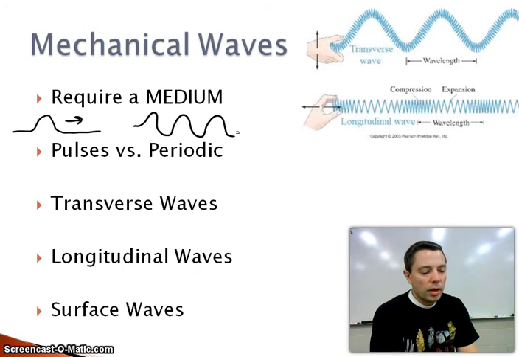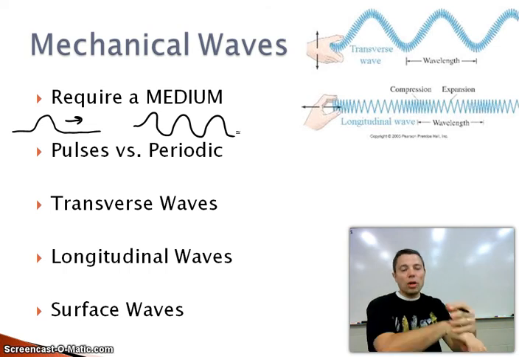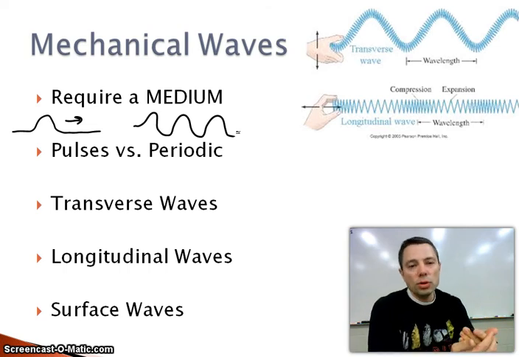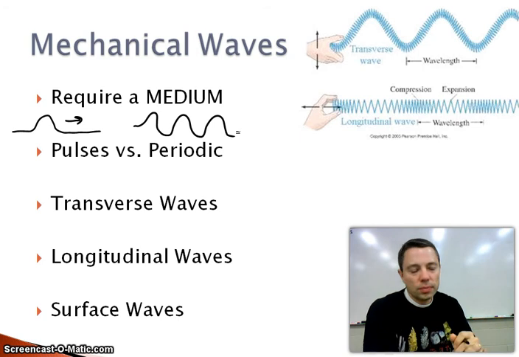Now that's where we create various wave patterns, and of our mechanical waves we have several types. It's really about looking at how the matter moves relative to the wave energy. So here's the first one. We're looking at a transverse wave.